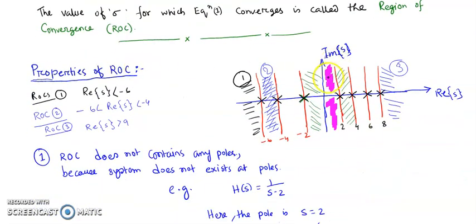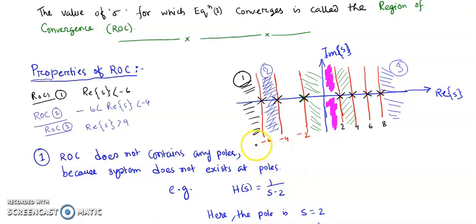In this diagram we have plotted some random poles for the Laplace transform of a signal, suppose. These cross symbols indicate poles. Poles means, if there is a transfer function H(s), suppose, the value of s for which H(s) becomes infinity is known as the poles, and the value of s for which H(s) becomes 0 is known as zeros.